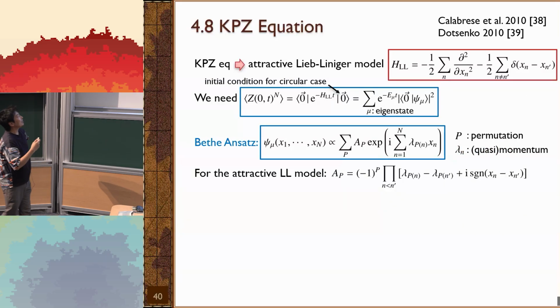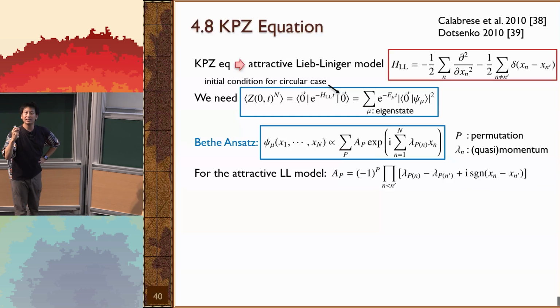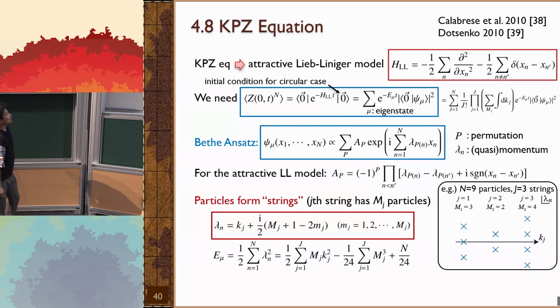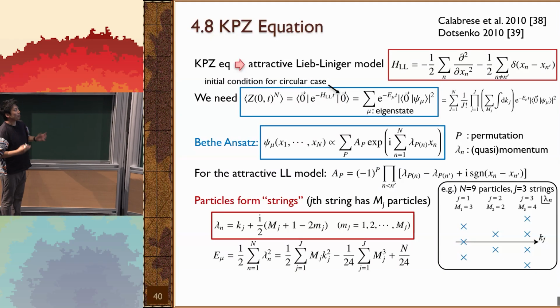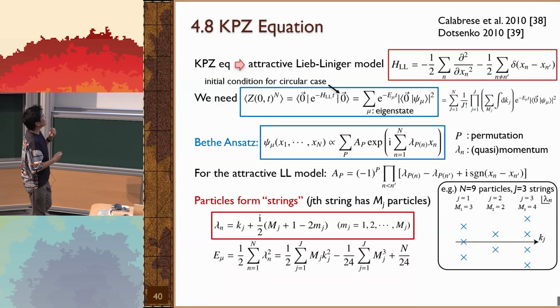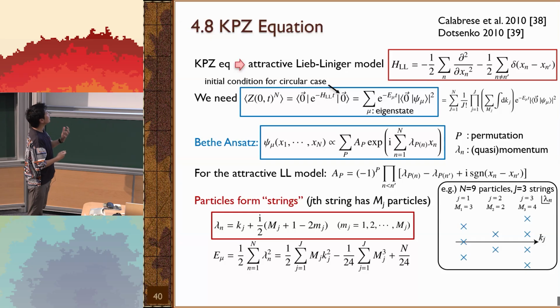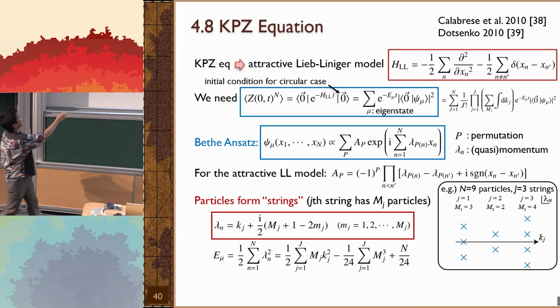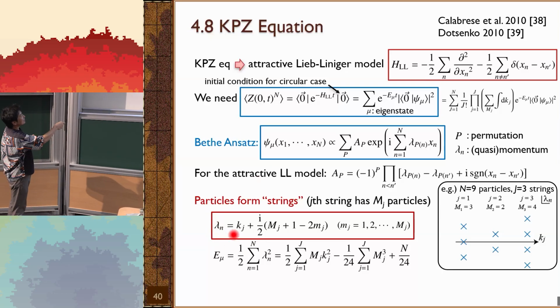But actually, this quasi-momentum is not a real number, it can also be a complex number. But not all complex numbers are admitted. There is a specific form that lambda is allowed to take. I mean, this lambda must be expressed in this kind of form.